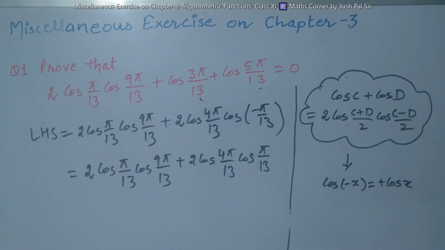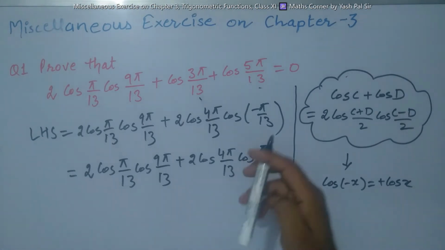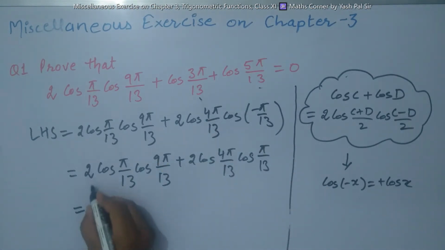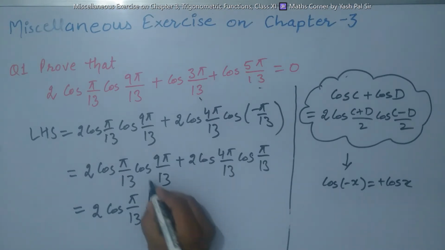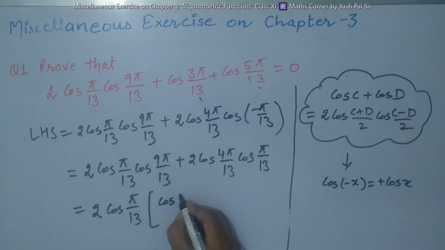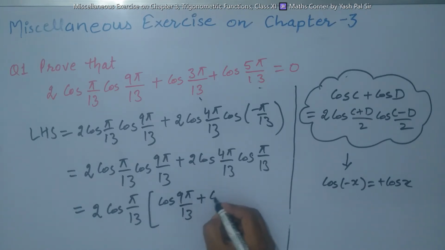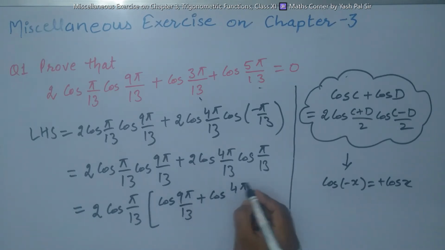Now we take this 2 common as well as cos pi upon 13 common. So we are left with cos 9 pi upon 13 plus cos 4 pi upon 13.